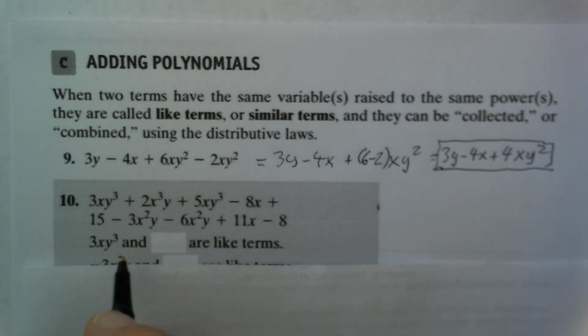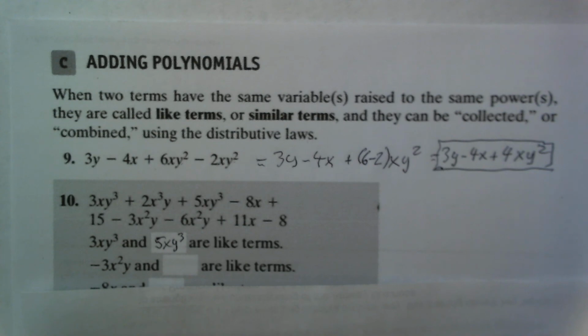So 3xy to the third and 5xy to the third are like terms. And then there's a minus 3x squared y, and there's a minus 6x squared y. So minus 3x squared y and minus 6x squared y are like terms also.